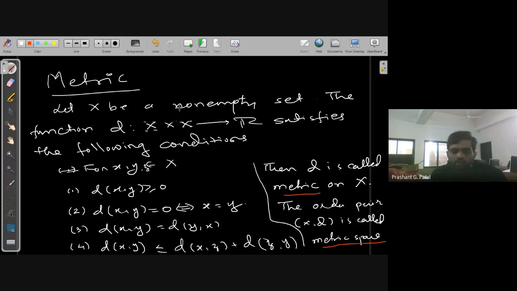In short, if somebody asks you what a metric is, you can say that a metric is a generalization of a distance on any arbitrary set X. And what is a metric? It is a function from X cross X to R which satisfies these 4 conditions. So in that way, we have a definition of a metric, or in general a metric space.